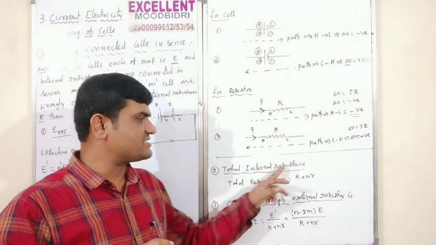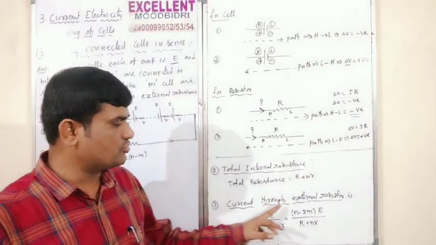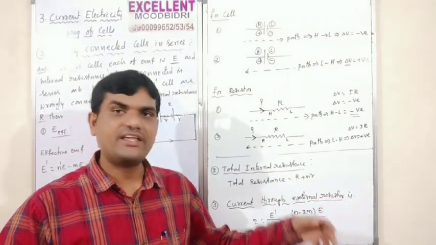Total internal resistance is equal to how much? Third question is the current through the external resistor.